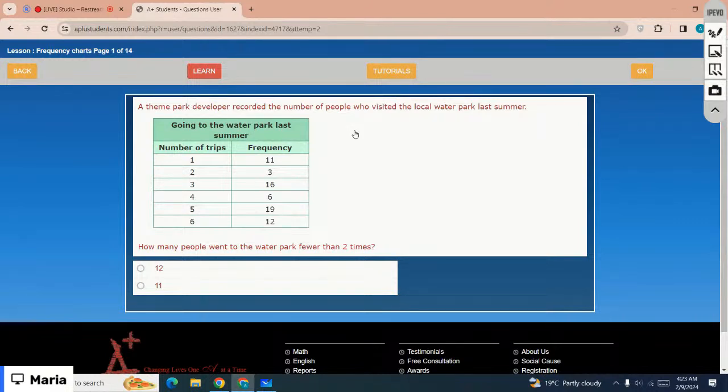So, which is the correct option? Fewer than 2 is only 1, and 1 has the frequency 11, so the correct option is 11.